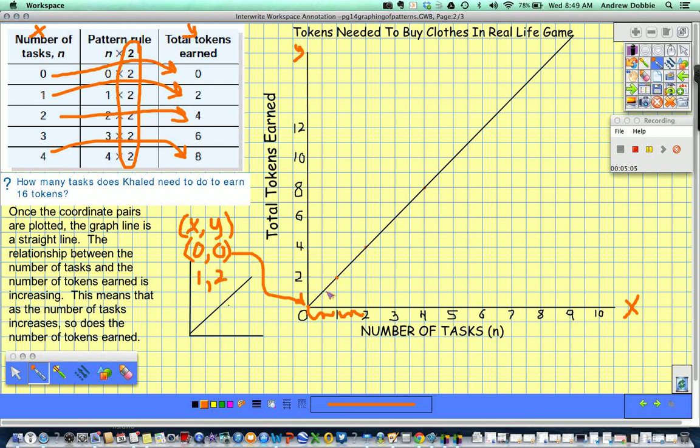Now the reason it does this is not by coincidence, but it's because of the way I've designed and set up my graph. The most important thing here is try and have your numbers fall on the lines themselves, as opposed to in the spaces between.